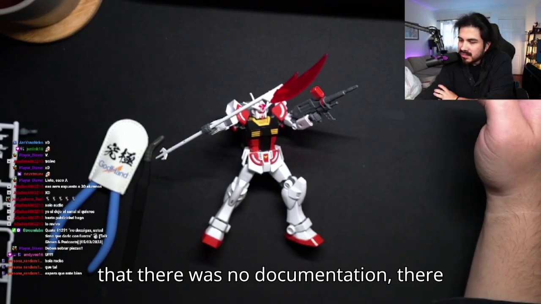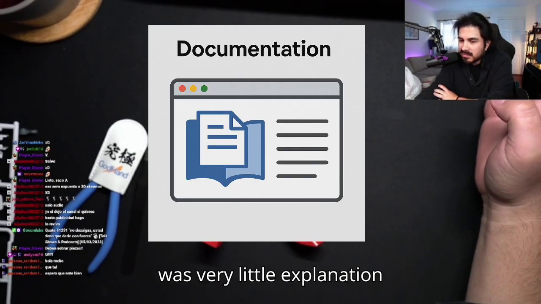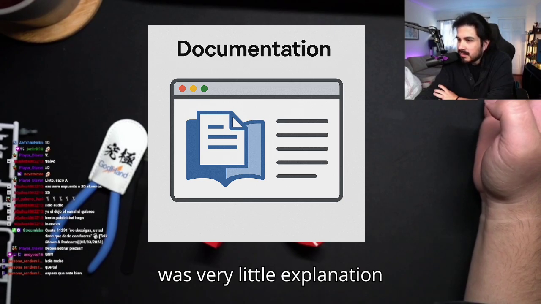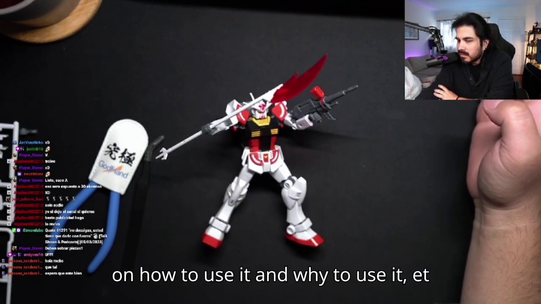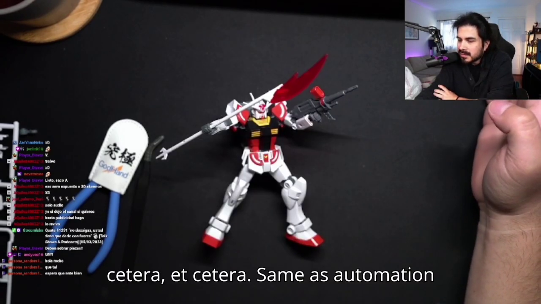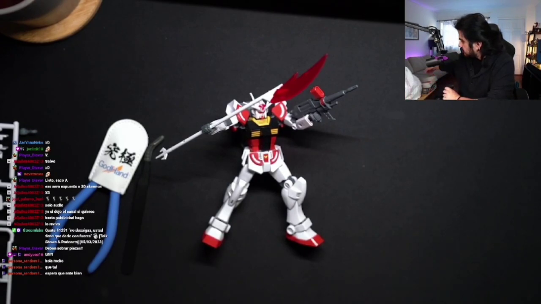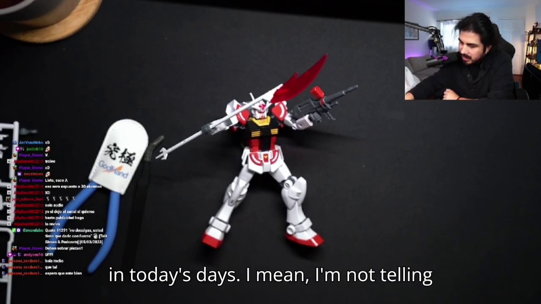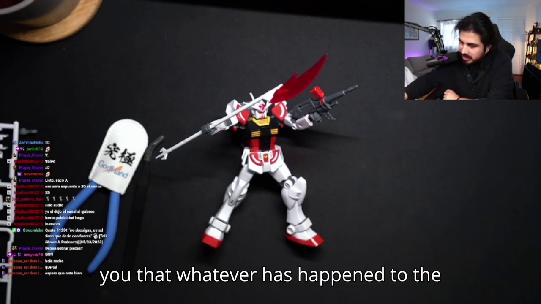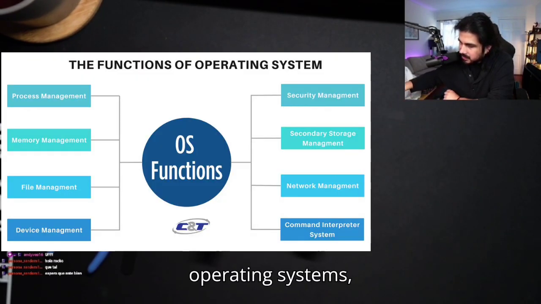Meaning that there was no documentation, there was very little explanation on how to use it and why to use it, etc. Same as automation like Ansible, for example.